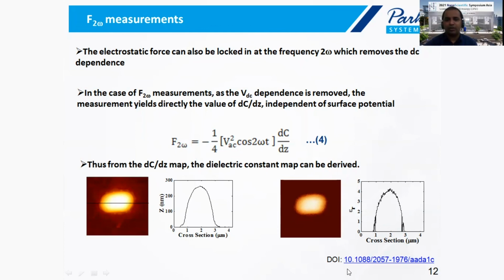You can achieve this by simulations and by using simple analytical models, where from the dC/dz map you are in a position to derive the dielectric constant map of your sample surface.